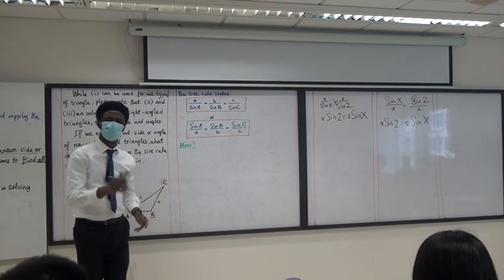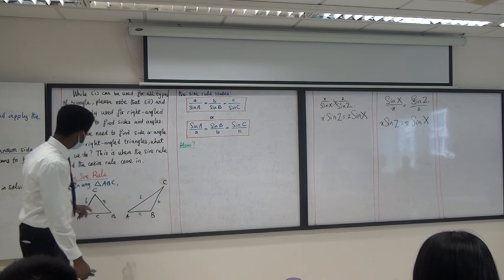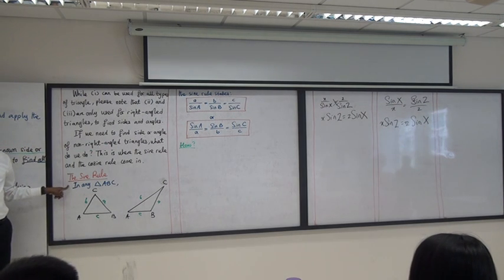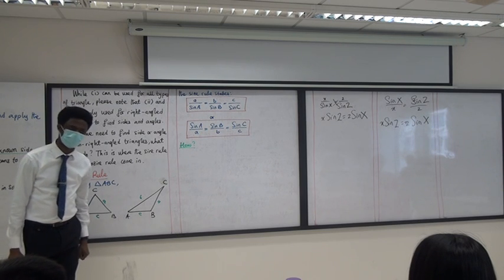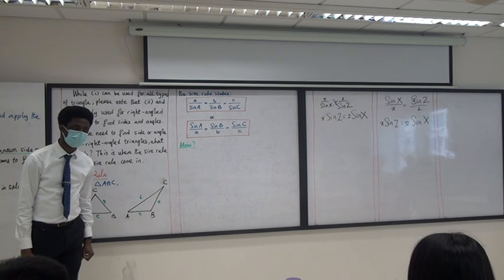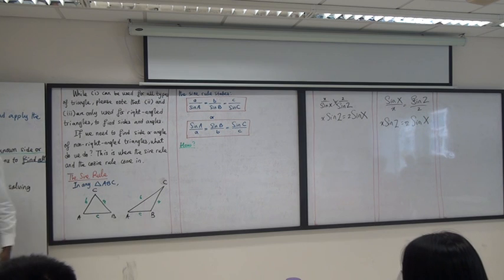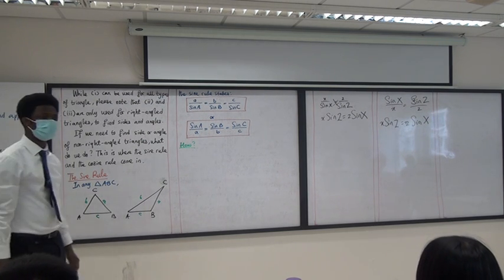And please don't state A over sine A all the time. Can you read what I wrote here? Any triangle. If the triangle is PQR, don't write A over sine A for me. I give you 0. Because I don't know what you mean by A over sine A if I cannot see letter A in the diagram. Okay?